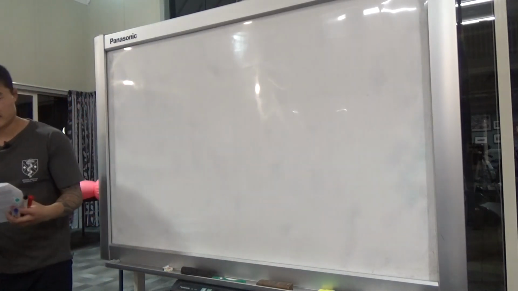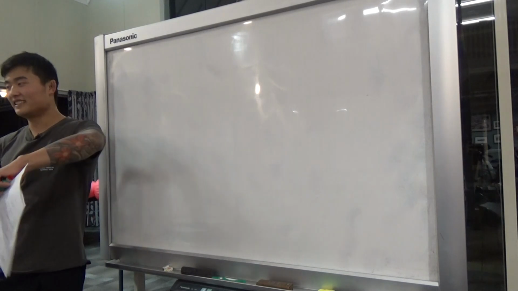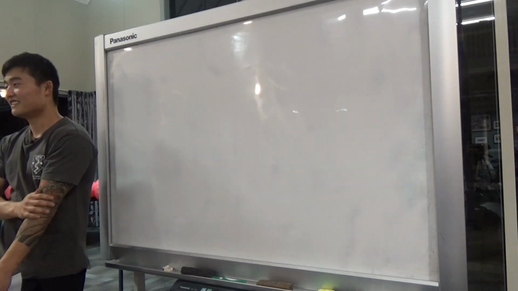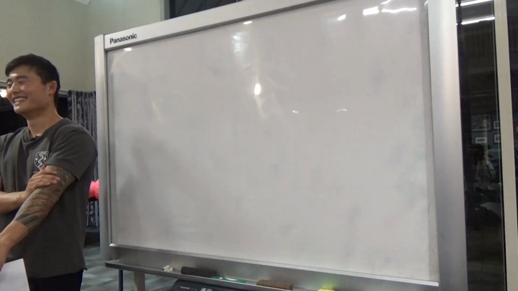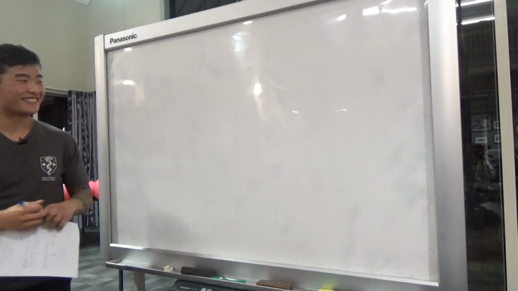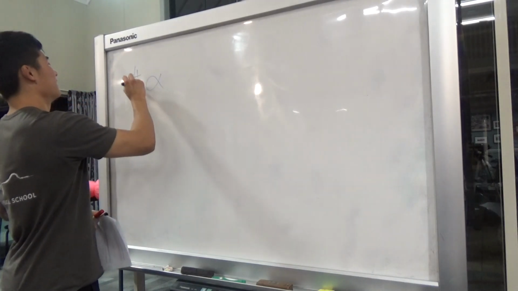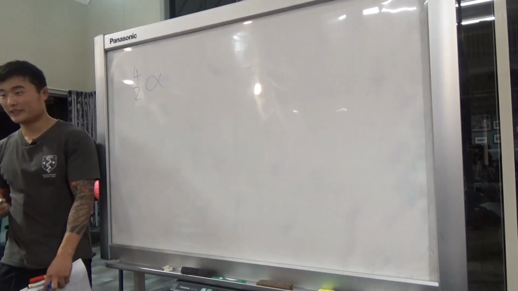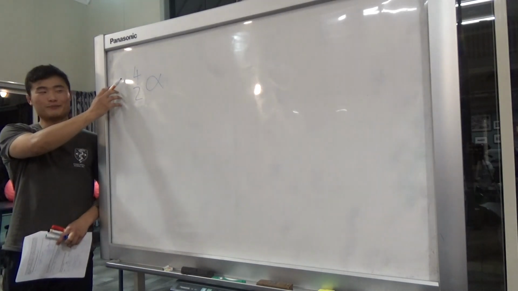Number 8, we have an alpha particle. So who can tell me what an alpha particle is? What's an alpha particle? So it's this thing here. Yep, so it's got 4 nucleons. Yep, so it's helium.